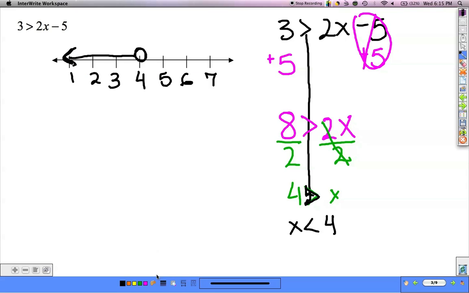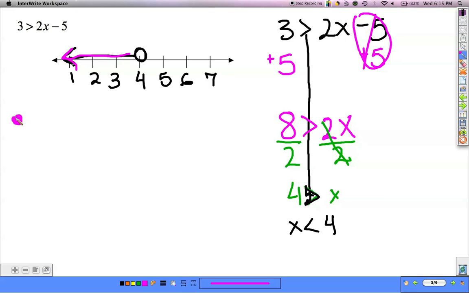And a new step for us is going to be checking one of our solutions, because any number from over here is a possible solution now. So we can pick any number and check to see if it works.